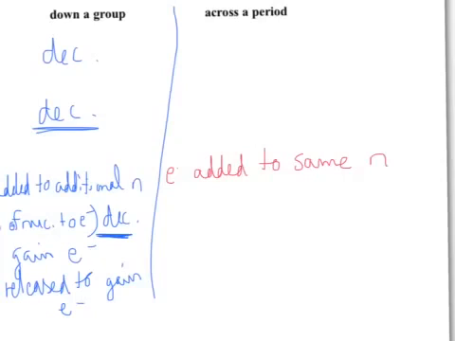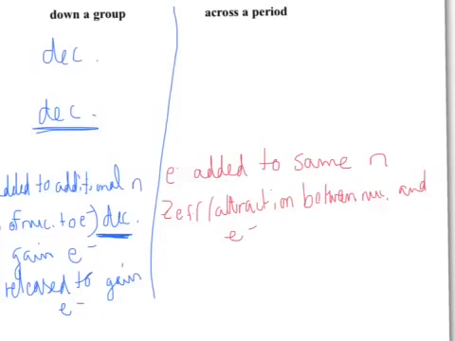Now, because the electrons are added to the same energy level, that means Zeff, which is the attraction between the nucleus and electrons, increases. There's a lot more attraction now between the protons and the electrons.